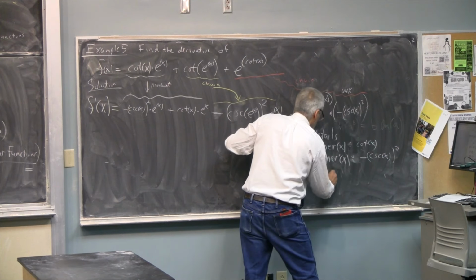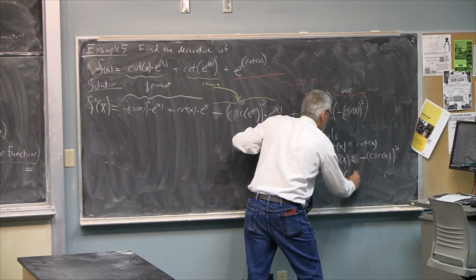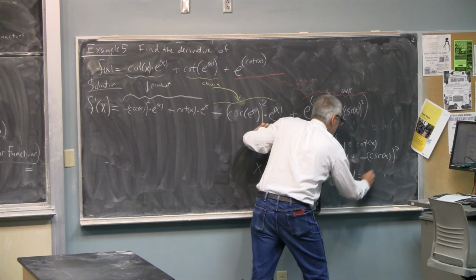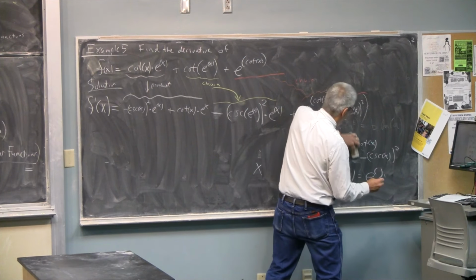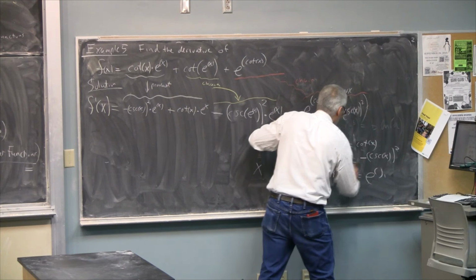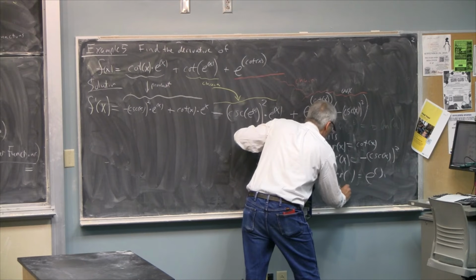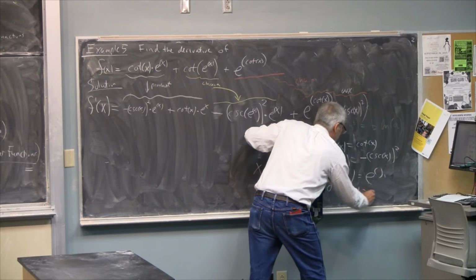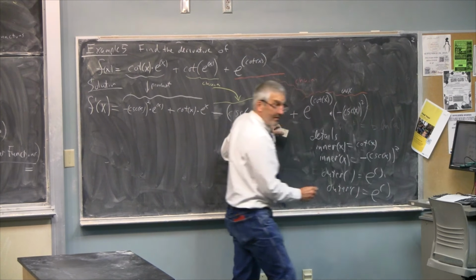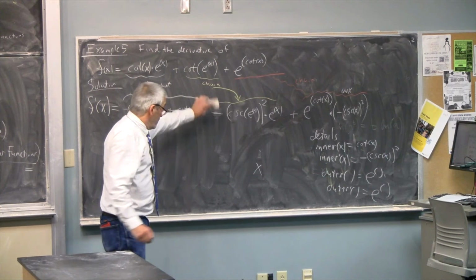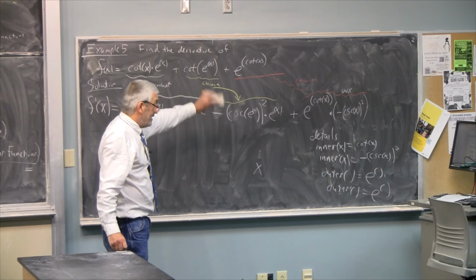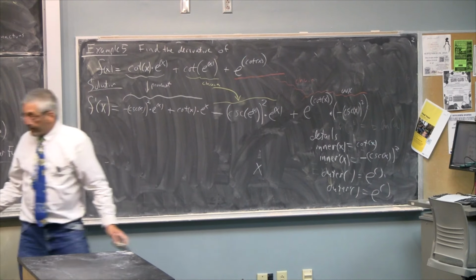My outer is e to the parentheses. So my outer prime is just e to the parentheses. Does that help? And I think if you do the similar details over here, the inner and outer are going to swap.